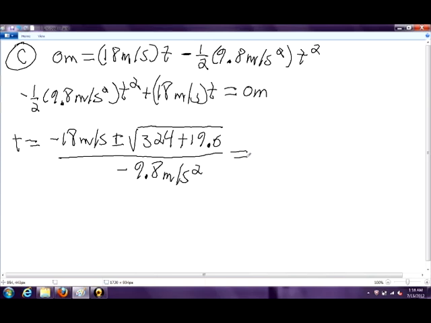Okay, so now negative 18 divided by negative 9.8. Okay, so 1.84, like we got last time. Okay, so plus or minus the square root of 324 plus 19.6.